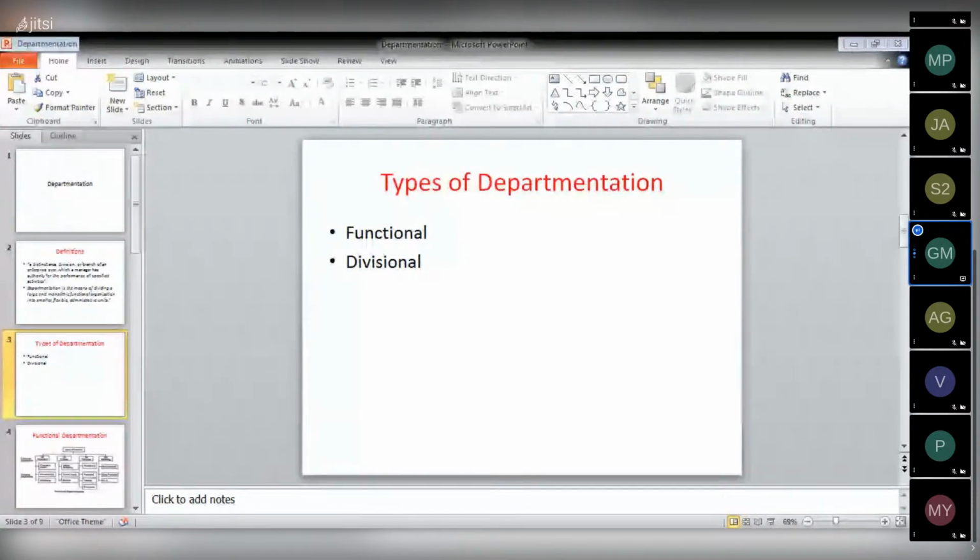They belong to one particular department and they will be in that department only. It is a very simple, logical, and widely accepted form of creating a department. That's why, if you observe, in most of the companies departmentation is based on the functions.